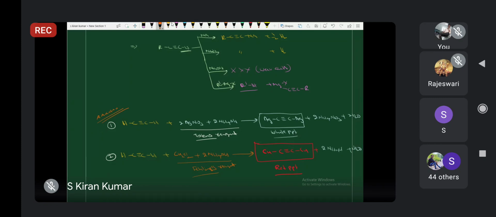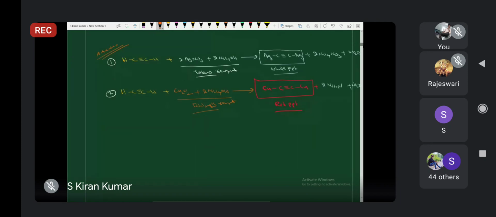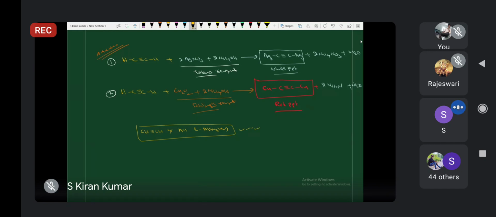Now, questions like these will be asked in the entrance. Which of the following hydrocarbons reacts with Tollens reagent? Acetylene and all 1-alkynes. All 1-alkynes react with Tollens and Fehling's reagent.